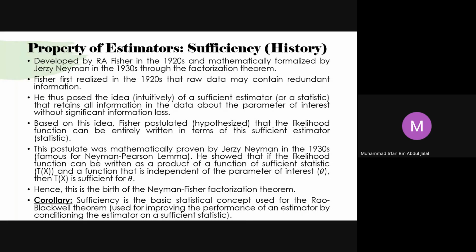property of estimator tu, the start orang yang pertama yang develop this thing is the famous R.A. Fisher. Yang kalau kita pernah belajar Fisher exact test apa semua tu, inilah tuan dia, dan design of experiments apa semua tu nanti akan jumpa Fisher ni lah. Pada tahun 1920, dan actually konsep ni dia develop by two prominent statisticians, R.A. Fisher dengan Jerzy Neyman.